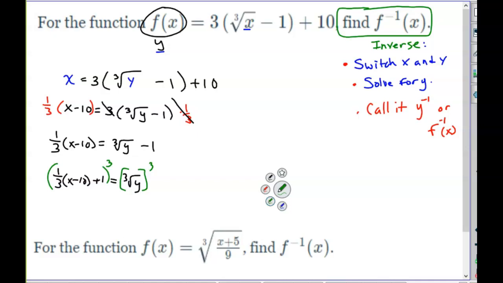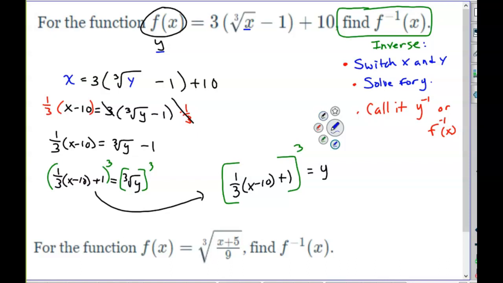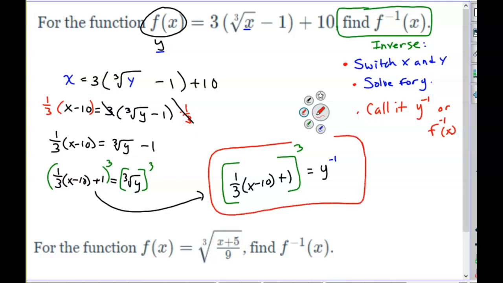And our goal here isn't to do a ton of algebra work here, so I'm completely happy with this answer. 1/3 x minus 10 plus 1 to the third power. And then that's going to equal y, but instead of calling it y, we're going to put the little -1 up there for the inverse.